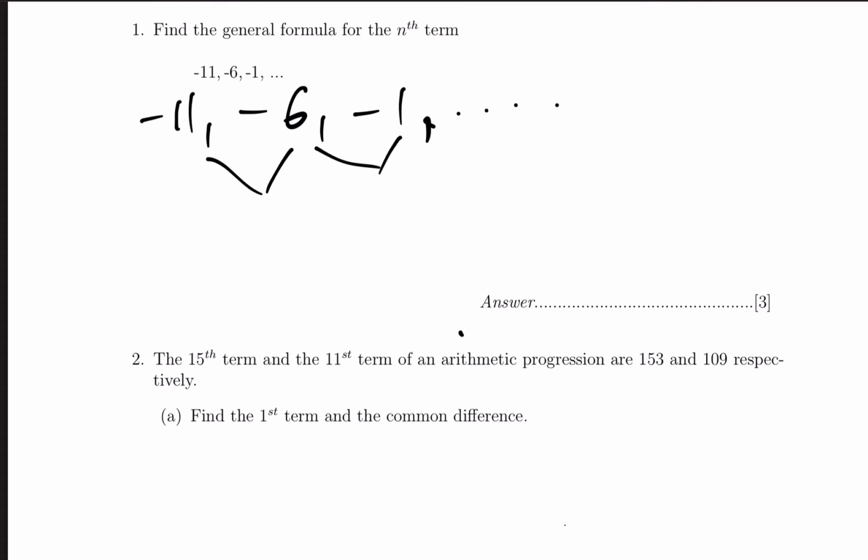In our case, we have negative 11 and minus 6, the first consecutive terms. I will first check whether it's an arithmetic sequence or not. So I take minus 6, which is our second term, minus negative 11, and we get 5.